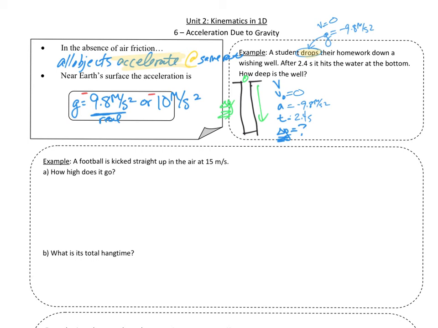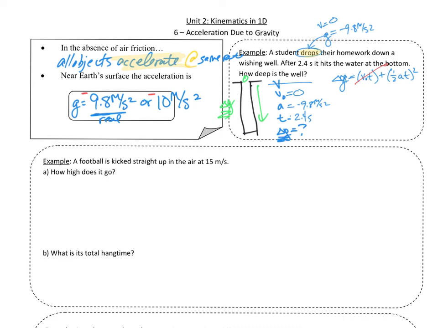So if that's all the information that we have, we don't have final velocity. That means my equation is displacement is equal to initial velocity times time plus 1/2 acceleration times time squared. Nifty fact about this, if the initial velocity is 0, the first term goes away.